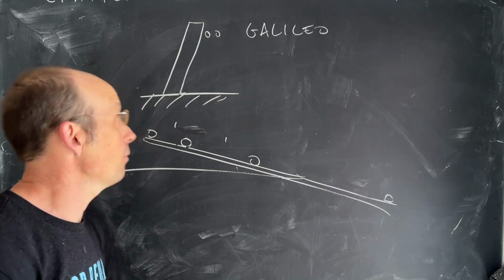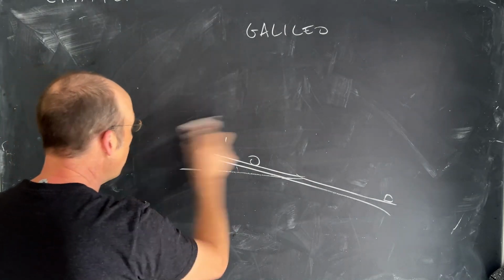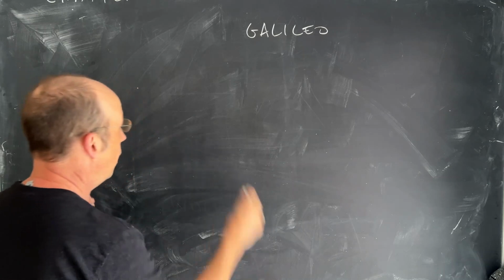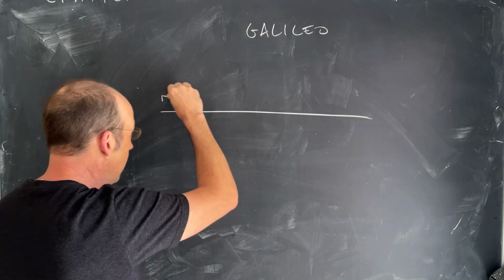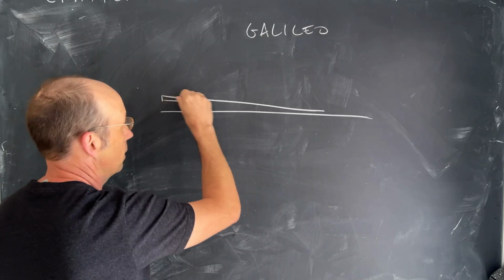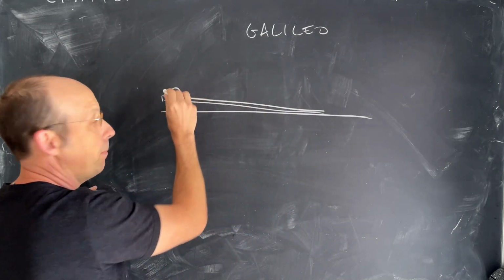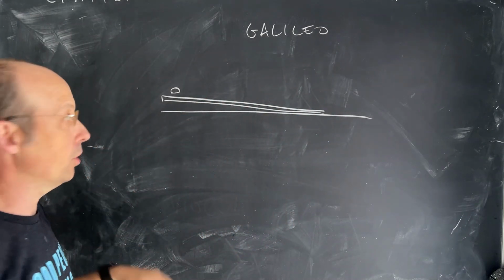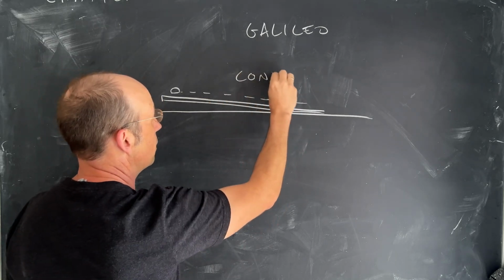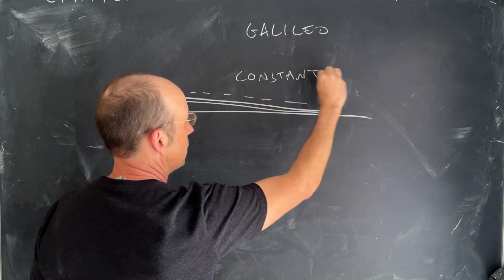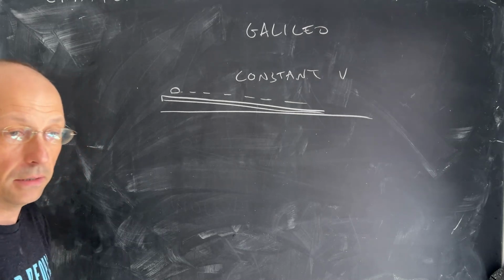But he found something else very important. Suppose you take a track that's just barely inclined, and you take a ball and you give it a little push. It will move at a constant velocity, constant speed. Okay?